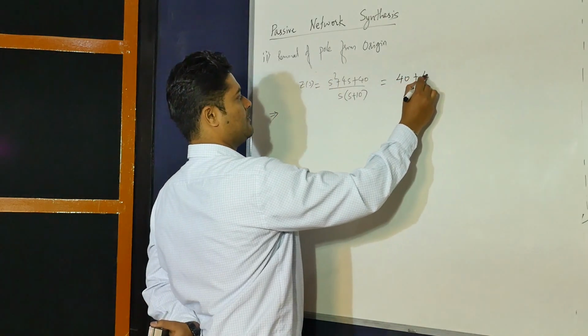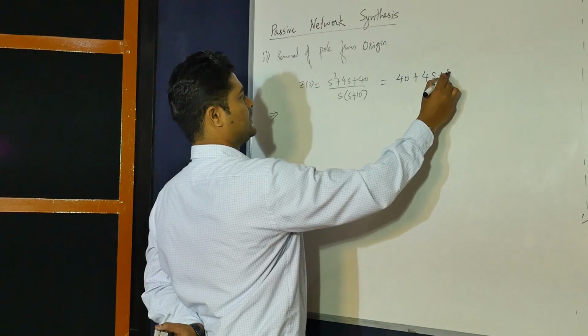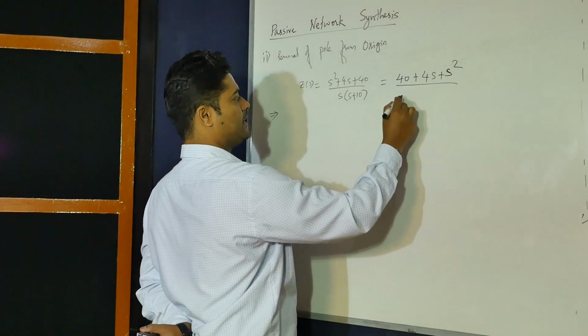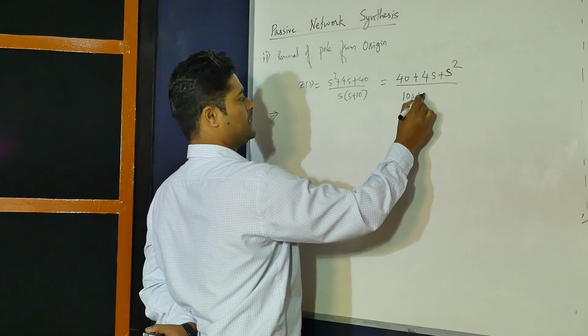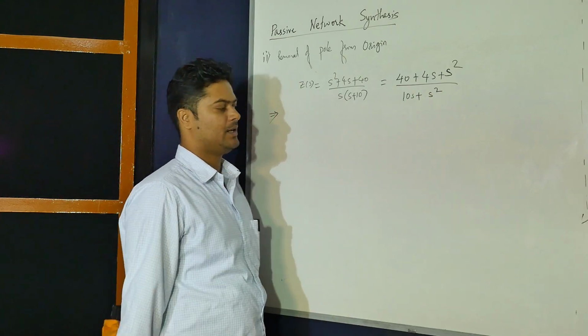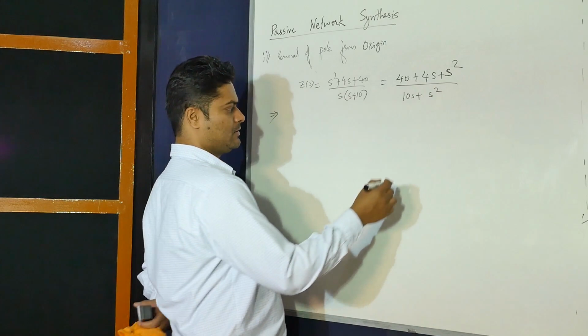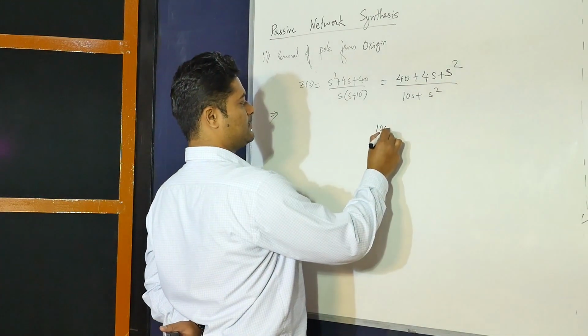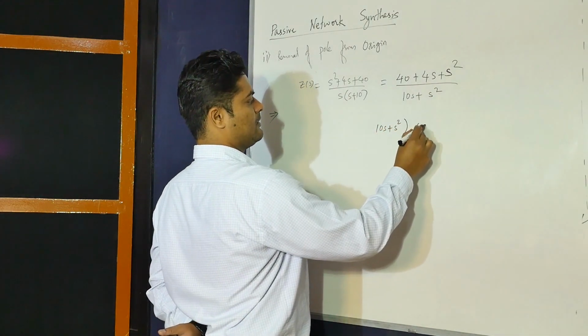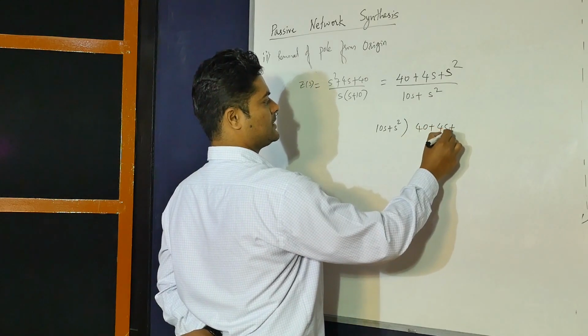40 plus 4S plus S square divided by 10S plus S square. And we go again further for continued fraction expansion. So that is 10S plus S square, 40 plus 4S plus S square.